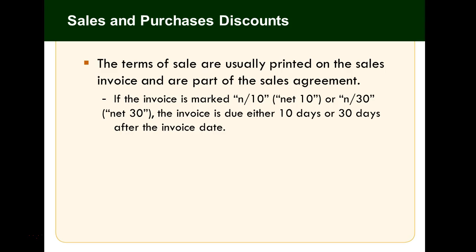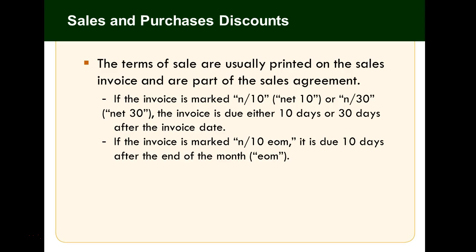Or if it says net 30, that means the amount is due within 30 days. Invoices can be due 10 or 30 days after the date of the invoice. If the invoice is marked n/10 EOM, then it's due 10 days after the end of the month. EOM, end of month.